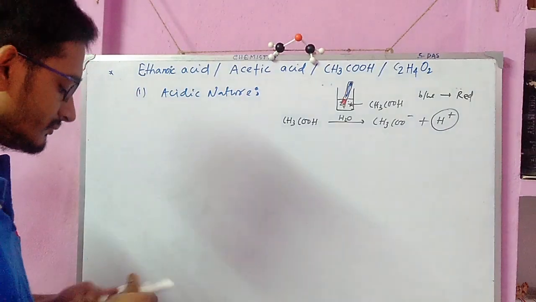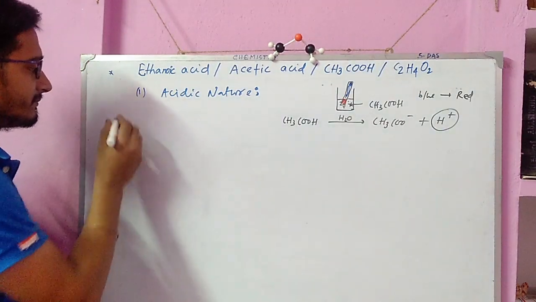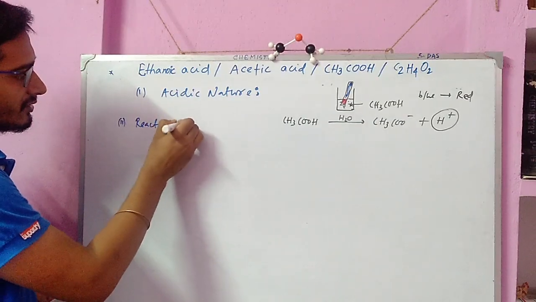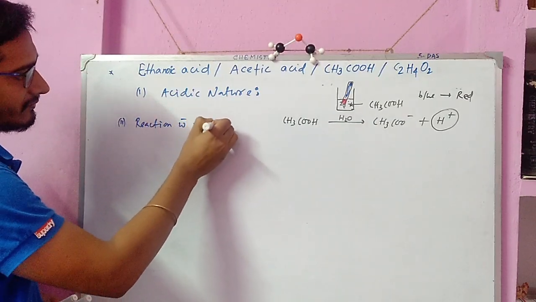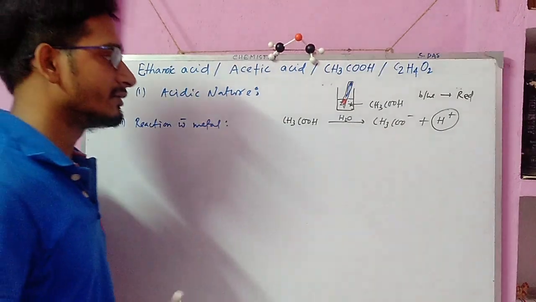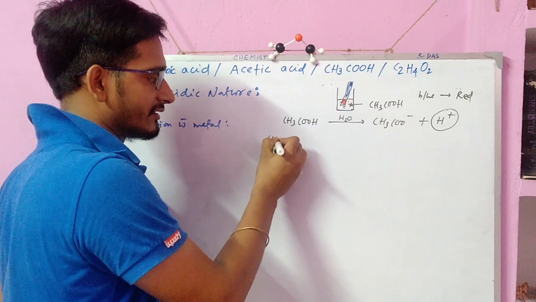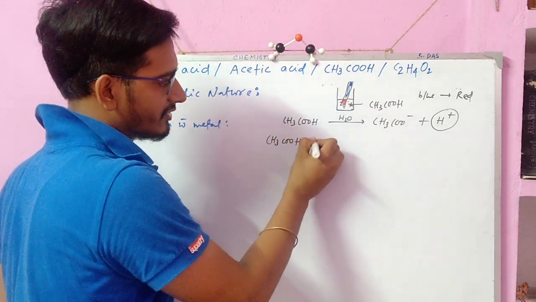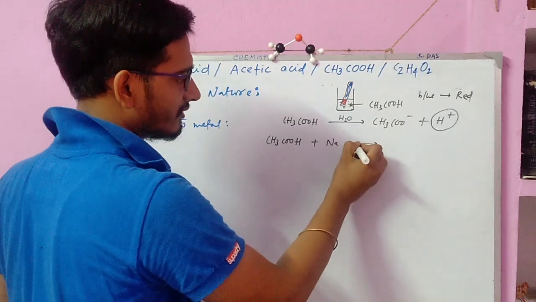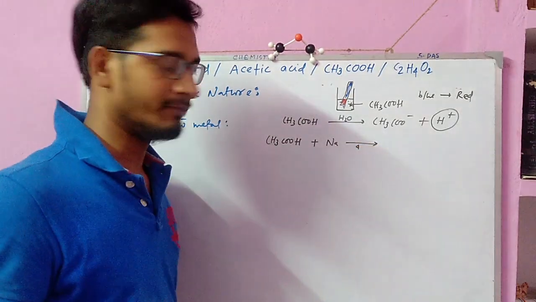Next, reaction with metal. Let us discuss the reaction of acetic acid with sodium metal. When acetic acid is treated with sodium metal, a little heat you can also give.